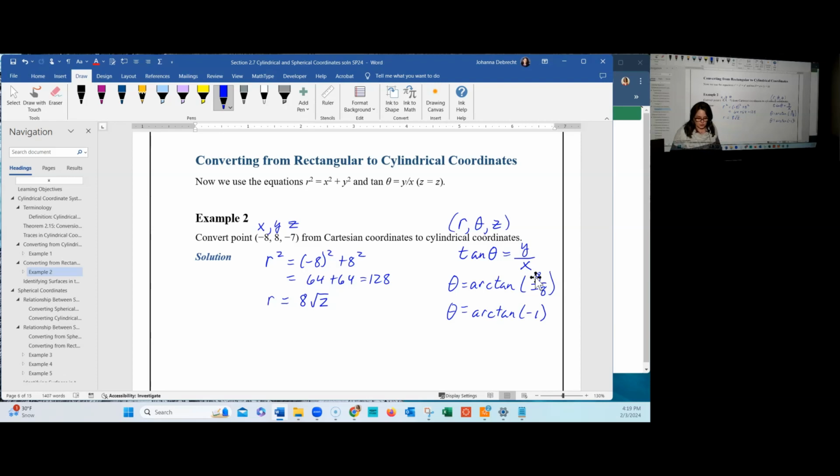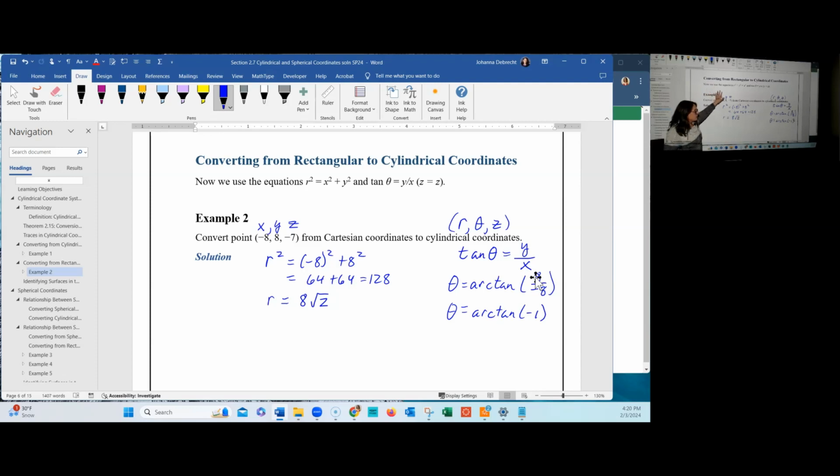So I need to determine which one it is. Since I'm looking for theta, which is in the xy plane, I just look at the x and y coordinates. If x is negative but y is positive, which quadrant are you in? You've gone left and up, so you're in quadrant 2.